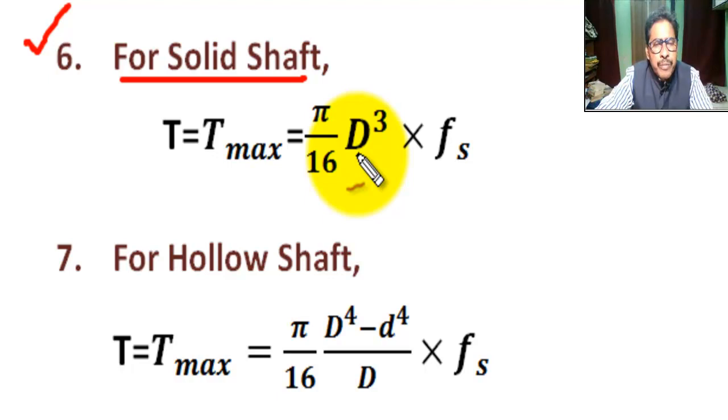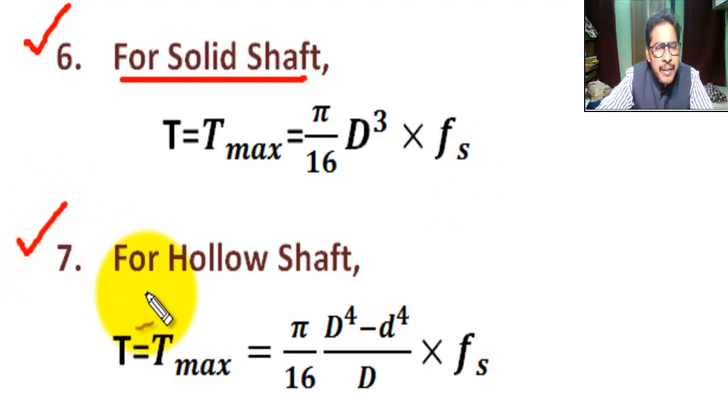Capital D equals diameter of the solid shaft in meter. Fs equals induced shear stress in Newton per meter square.